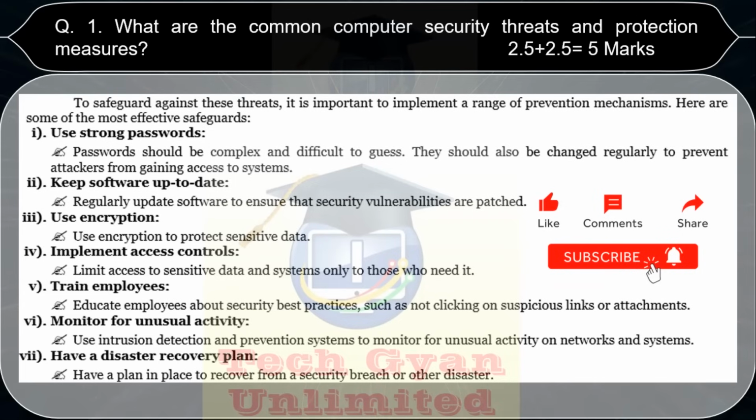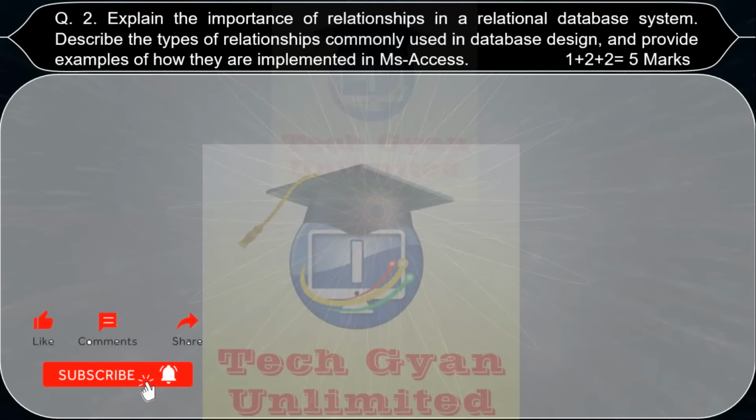So now let's discuss the second question of Karnali Pradesh. The question was, explain the importance of relationship in a relational database system. And the max weightage is 1 mark only.